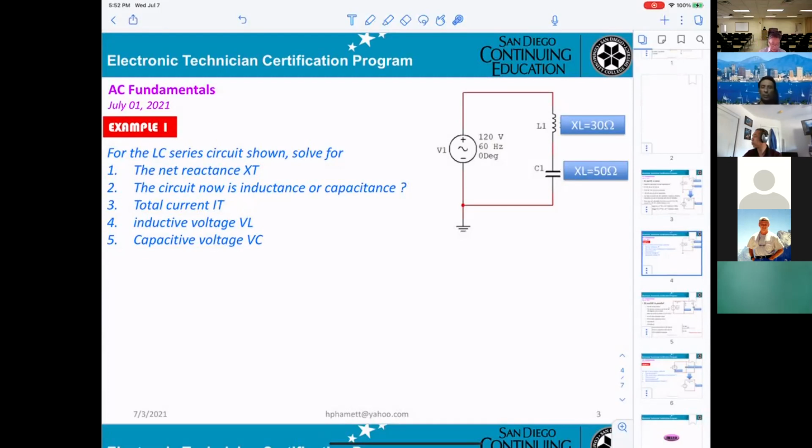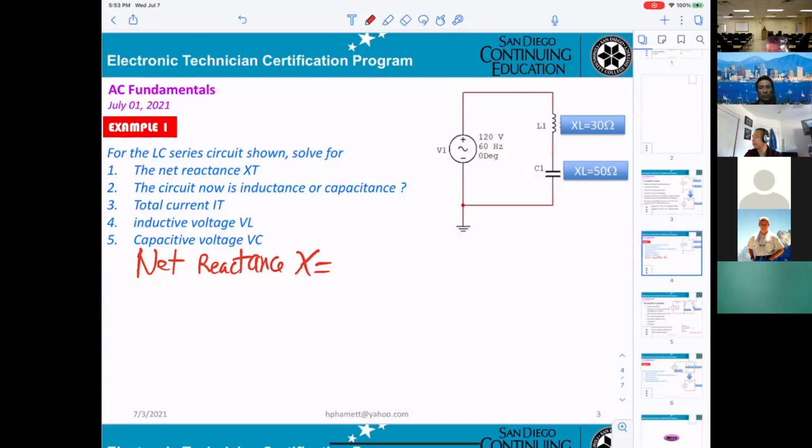Okay, so now what is the net reactance? 20. You can say I or you can say IT, it doesn't matter. However, there will be the difference between XL and XC.